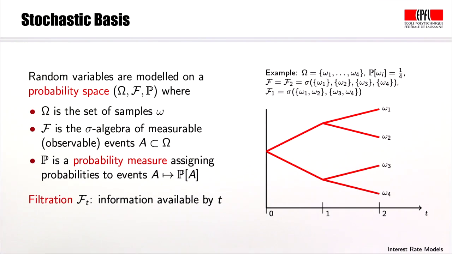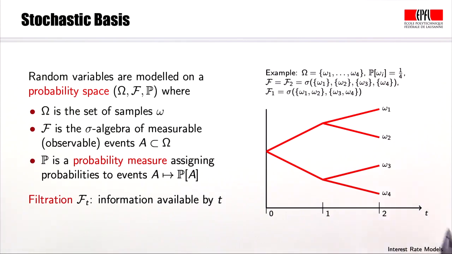The probability measure P acts on the sigma algebra calligraphic F, and it assigns a probability to any measurable event A. The flow of information is modeled by a filtration. This is an increasing family of sigma algebras indexed by time t, and F_t represents the information available by time t.